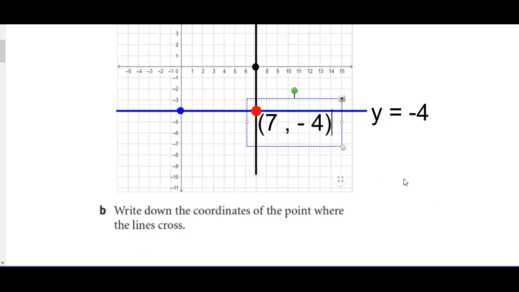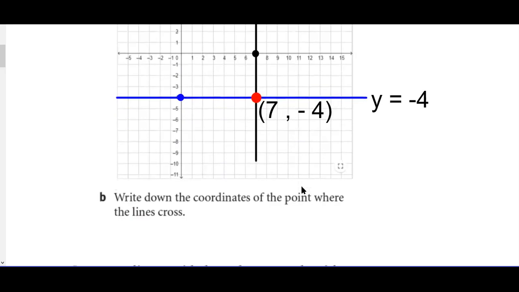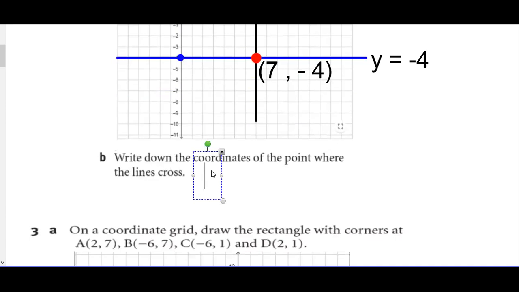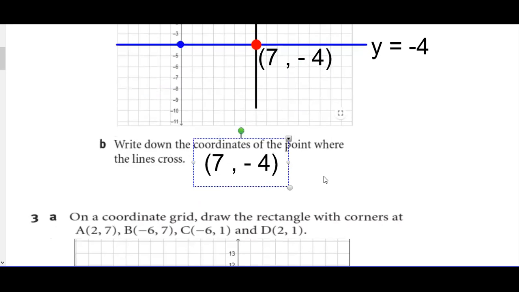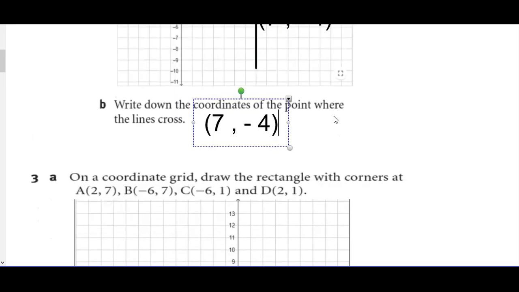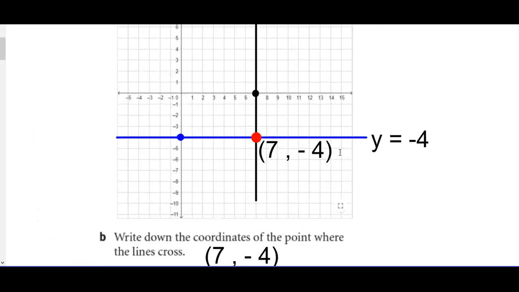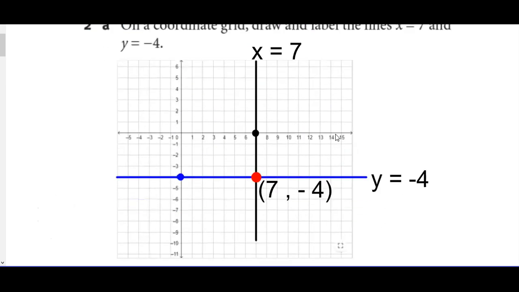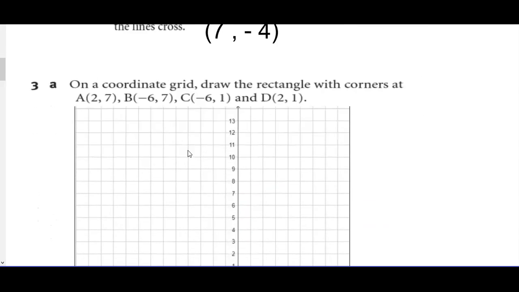So you'll be writing the coordinates like so: (7, -4). This is where the lines cross each other. You can check if your answer corresponds with my answer and then mark accordingly. Okay, so far so good.